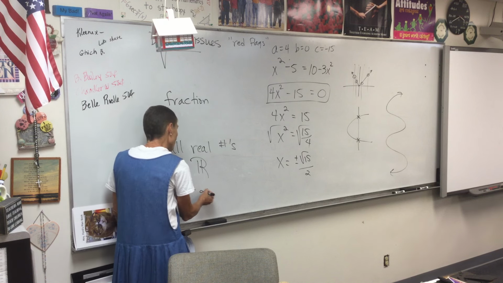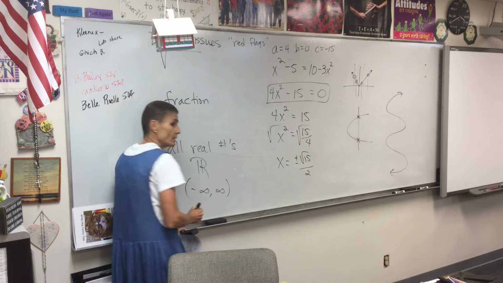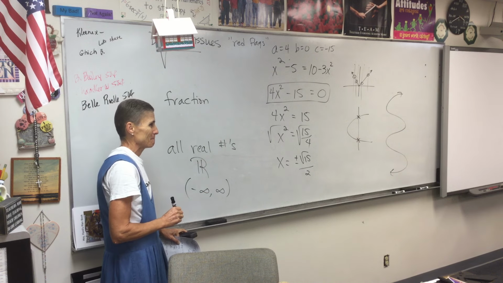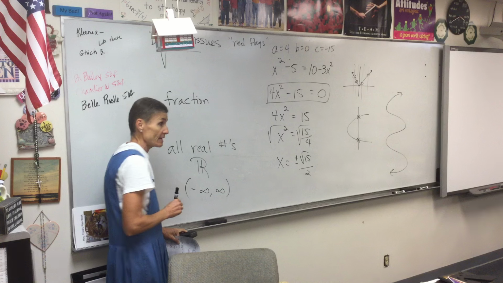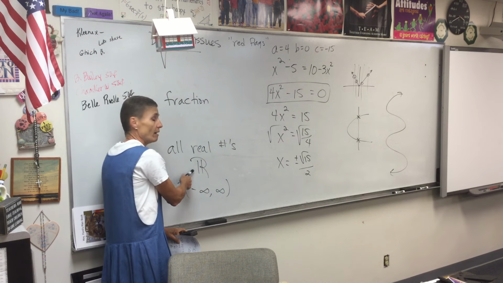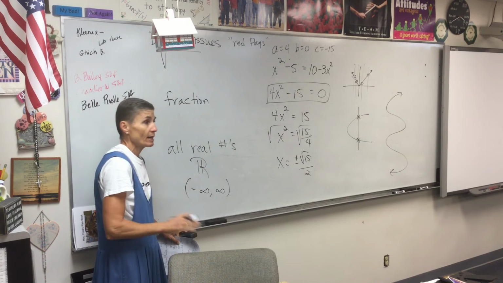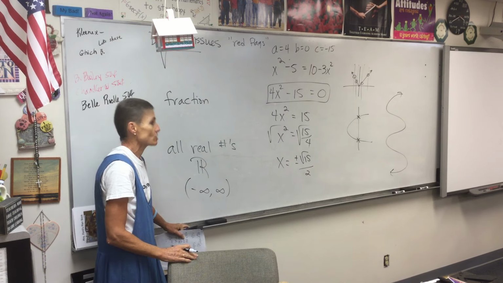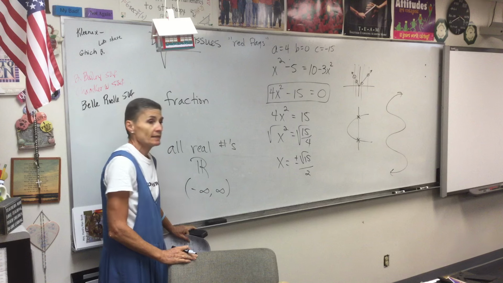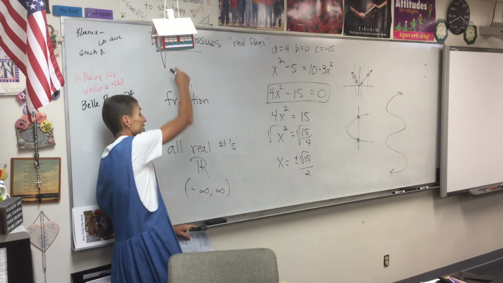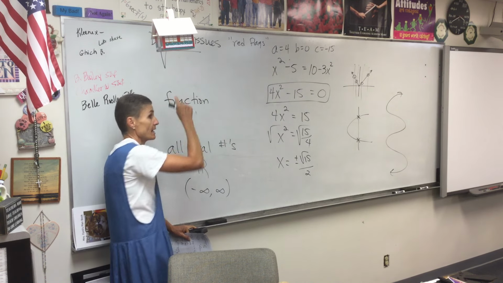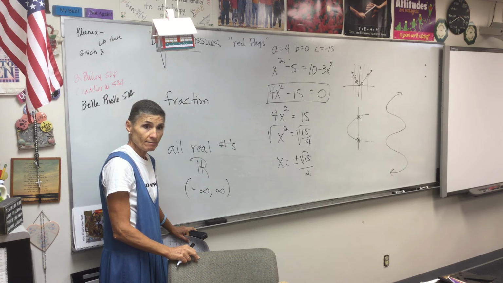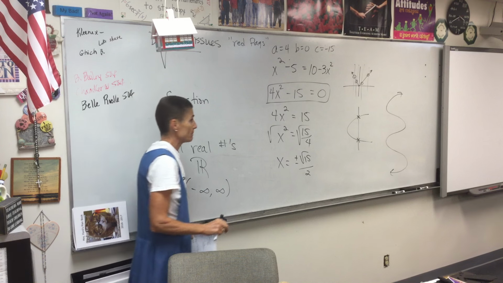Or you can do what mathematicians do, and say negative infinity to positive infinity, because doesn't that mean everything? Any of these is fine. I want you to know the domain for problem 2A is all real numbers, and it's all real numbers because it doesn't have a radical and it doesn't have a fraction. Okay? Now, look at B.